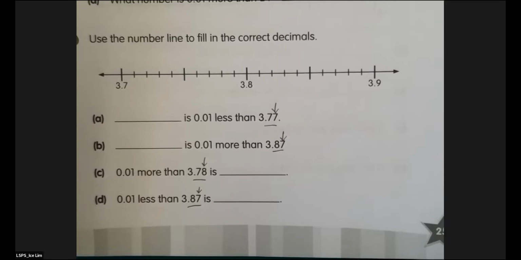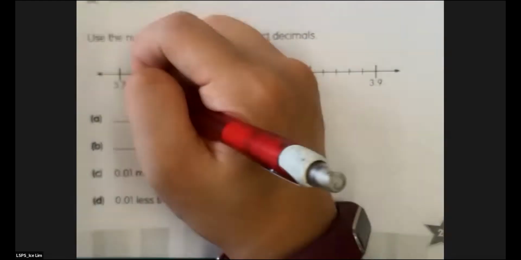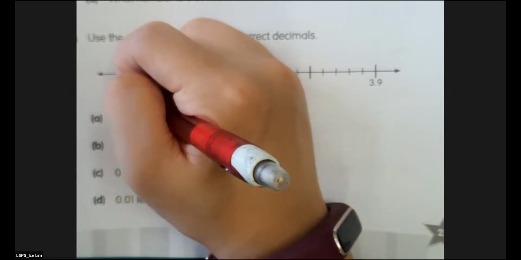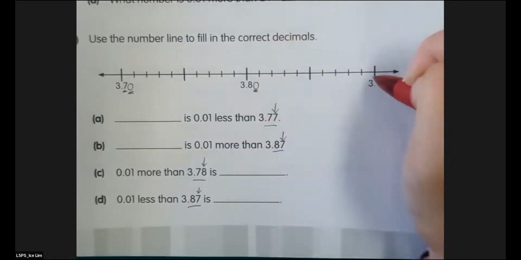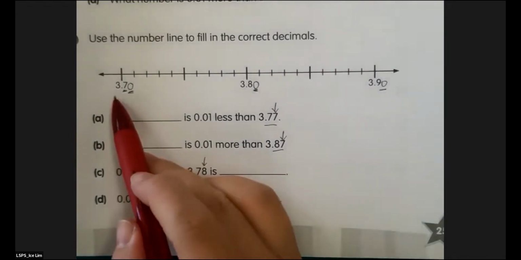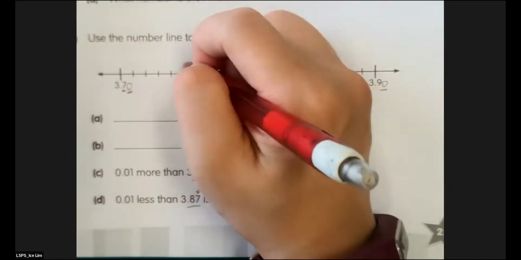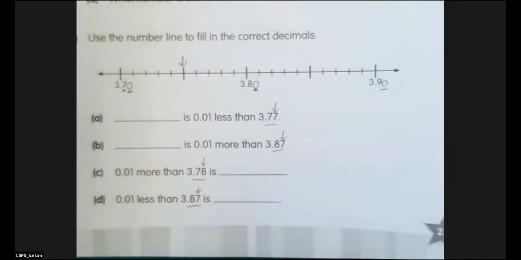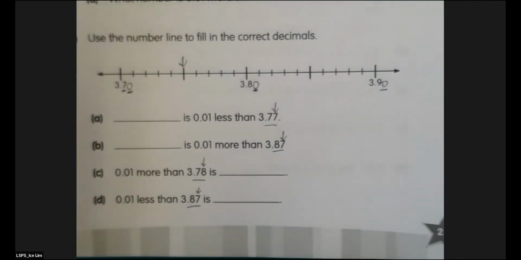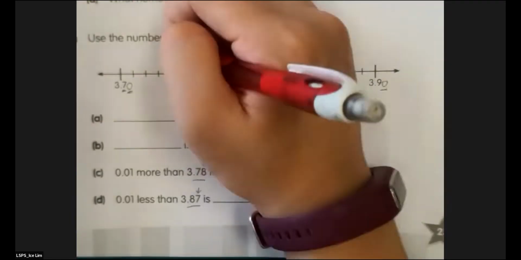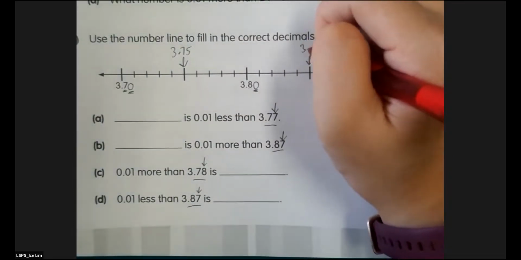I have 3.77 and 3.87 and 3.78. So I'll add a 0 to open up my second place value when I'm counting to help. 3.70, 3.80, 3.90. And the midpoint here, by now I know midpoint from the first chapter of whole numbers. So I've got 3.75. And then over here, this one is 3.85.